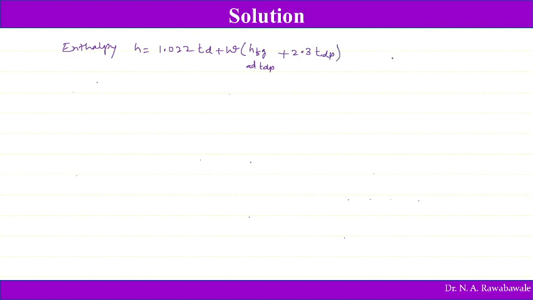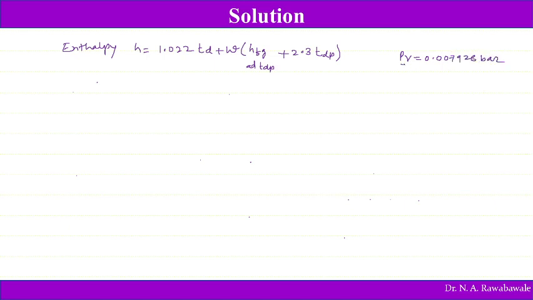So we know PV, which we obtained here as 0.007926, vapor pressure in bar.